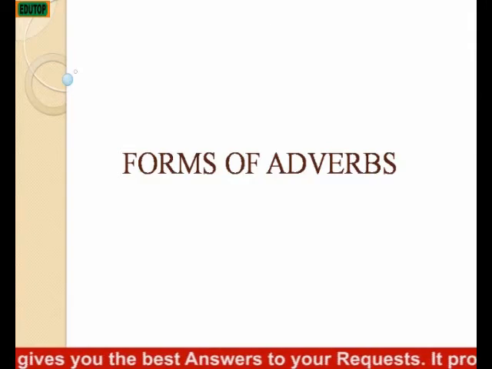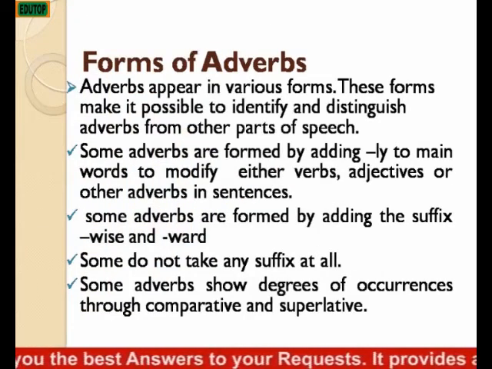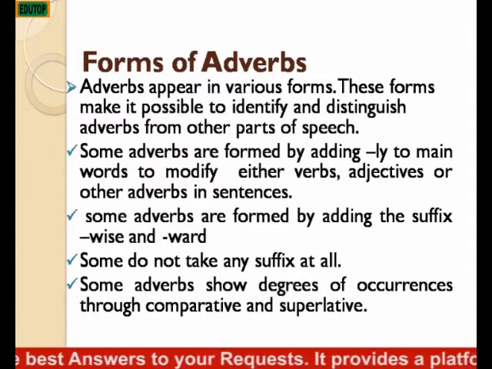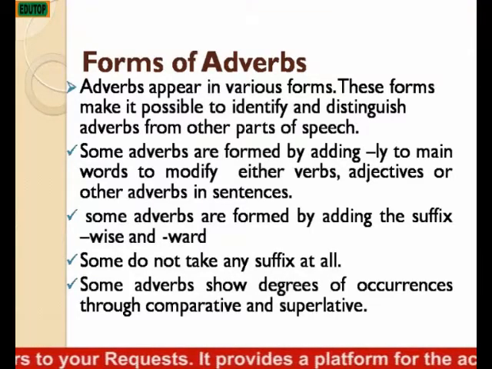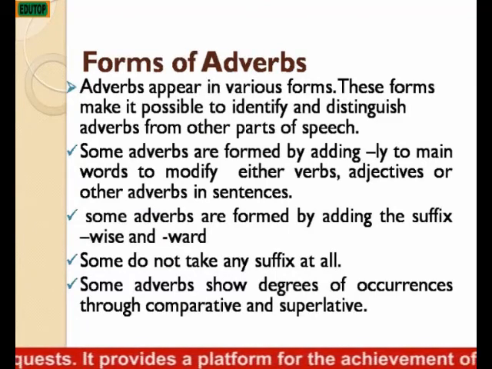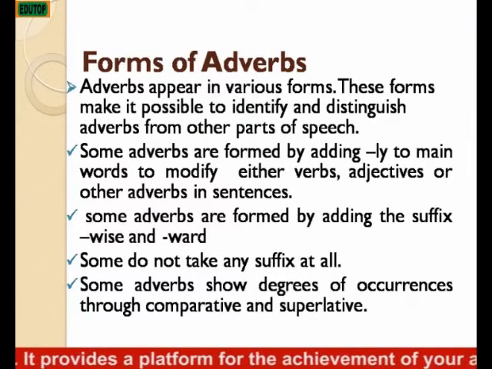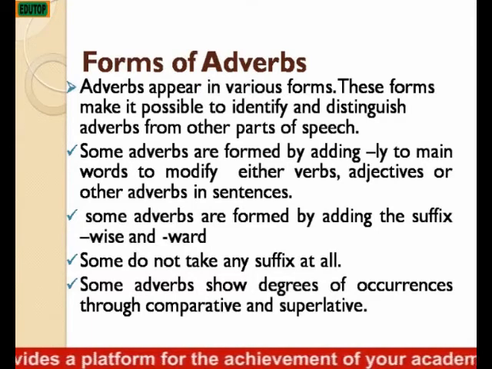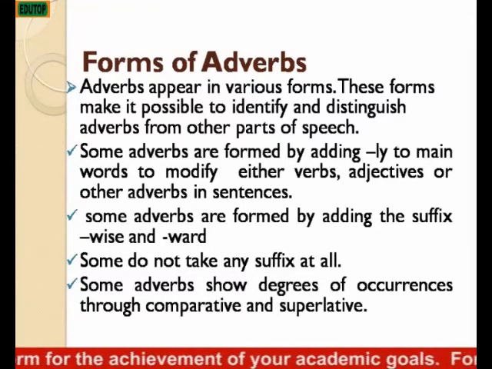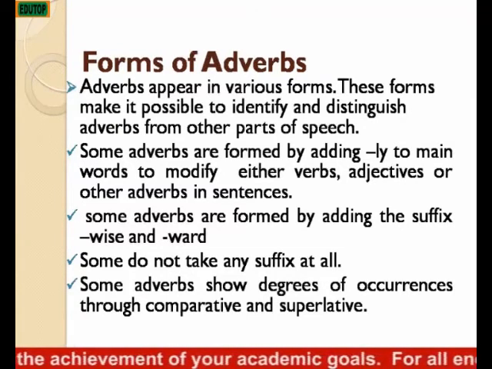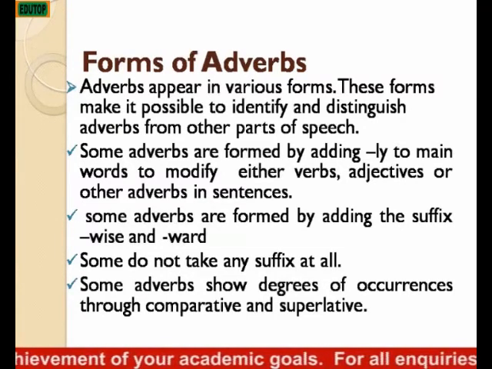Forms of adverbs. Adverbs appear in various forms, and these make it possible to identify and distinguish adverbs from other parts of speech. Some adverbs are formed by adding ly to the main word to modify either verbs, adjectives, or other adverbs in sentences.